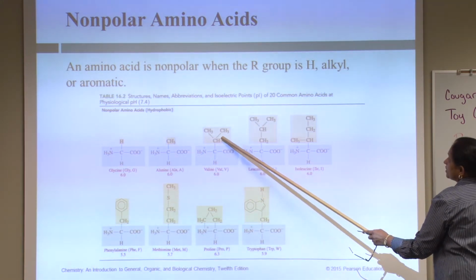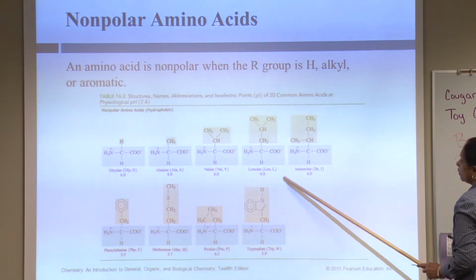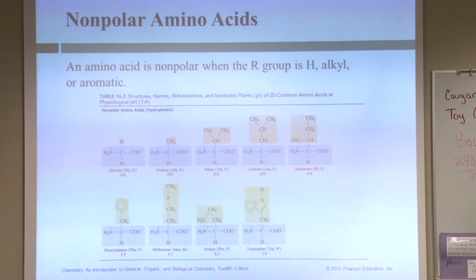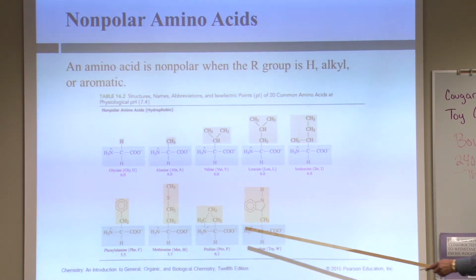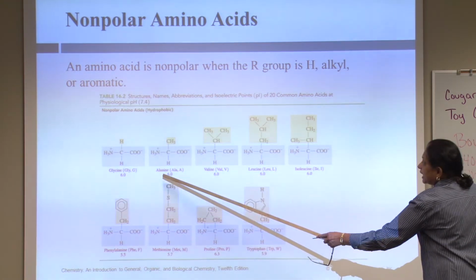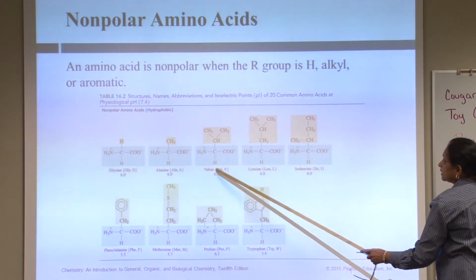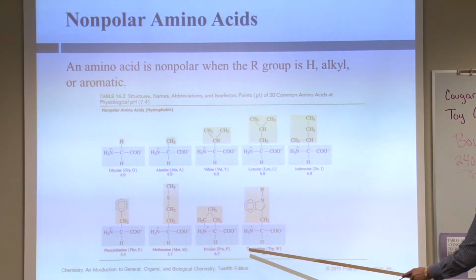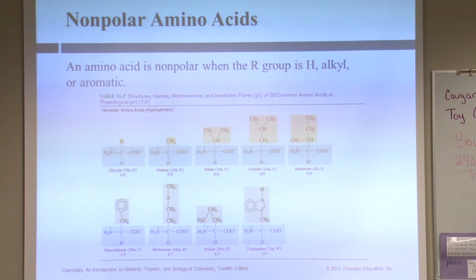This is a hydrocarbon side chain, hydrocarbon side chain. All these side chains, aromatic side chain. So if you have any of these in the side chain, you are looking at a non-polar amino acid: glycine, alanine, valine, leucine, isoleucine. So all these are non-polar amino acids.